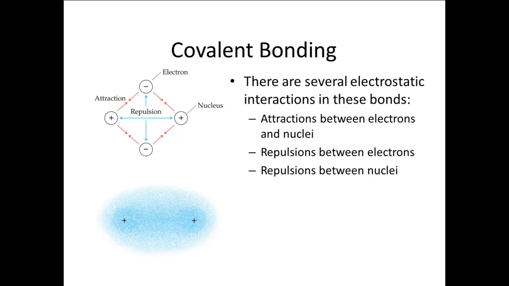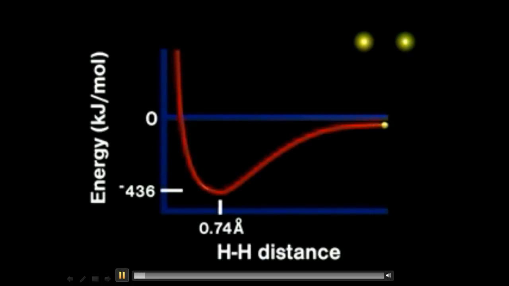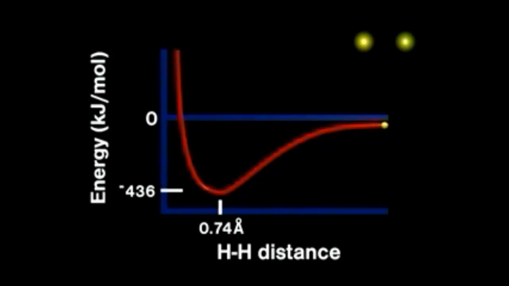Here's a movie which talks about the formation of the bond between two hydrogen atoms. When two hydrogen atoms come together to form a bond, each one starts with the nucleus, a single proton, and one electron.